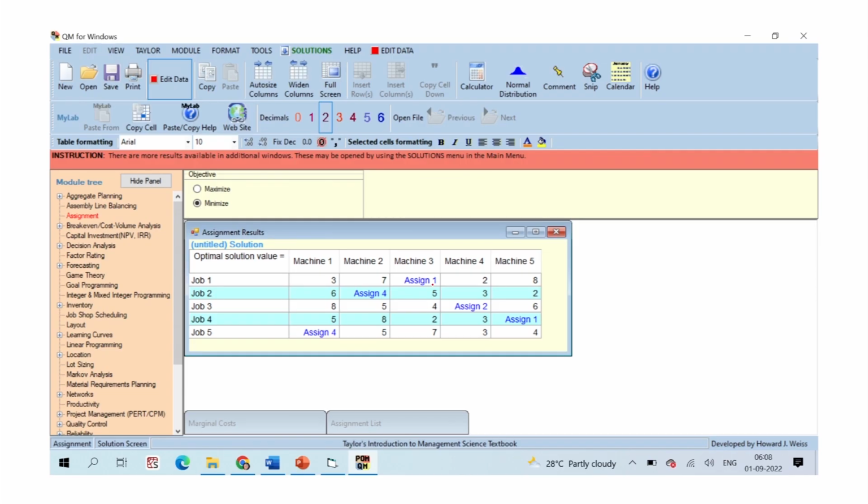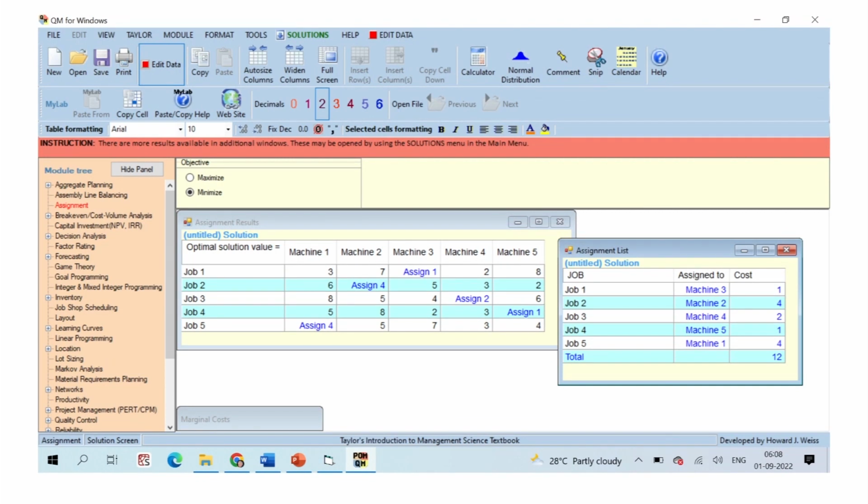Job 1 goes to machine 3, job 2 to machine 2, job 3 to machine 4, job 4 to machine 5 and job 5 to this, and the optimal answer is 12. The total cost is 12.